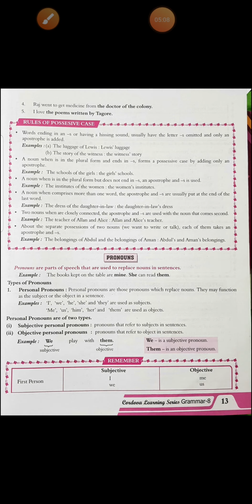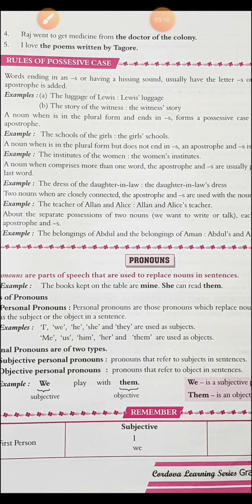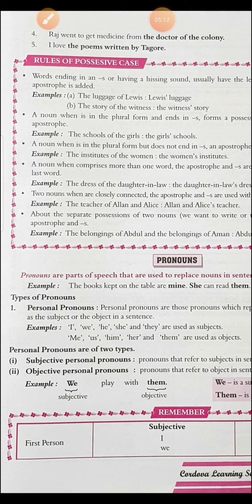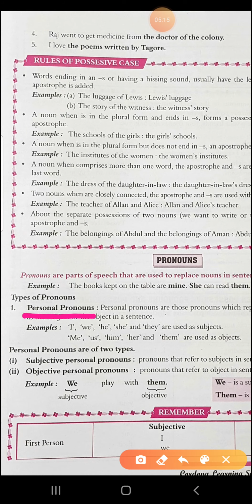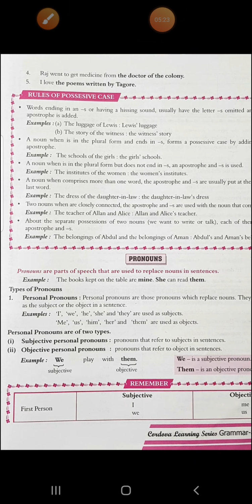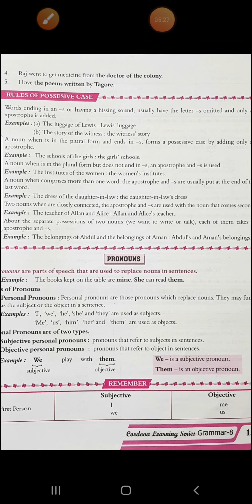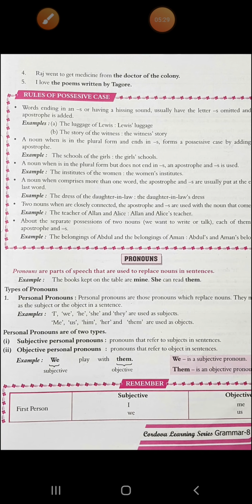Now let's see our first type of pronouns, that is personal pronouns. What happens in these personal pronouns? These are those pronouns which replace nouns. They may function as the subject or the object in the sentence.